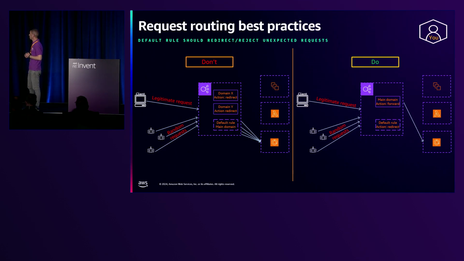The last best practice I'd like to share is specifically for internet-facing load balancers. So when customers expose a load balancer to the internet, they cannot really predict what type of requests this load balancer is going to receive. Together with some legitimate requests, the load balancer is going to receive also a certain amount of random requests from bots, intruders on the internet. So it is a good idea to handle the redirect and reject of those random requests through a default rule.